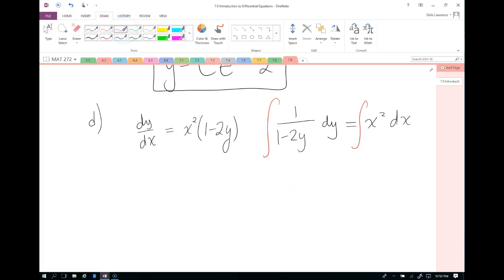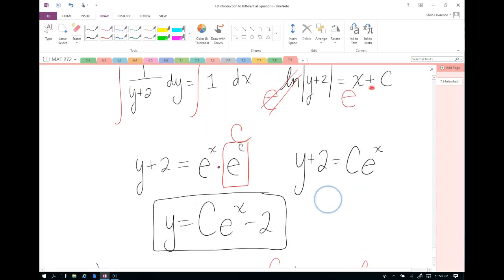I am going to write out my u substitution. If u is 1 minus 2y, du is negative 2 dy. So negative 1/2 du can replace my dy. So in this one, I get an extra coefficient when I do the integration.